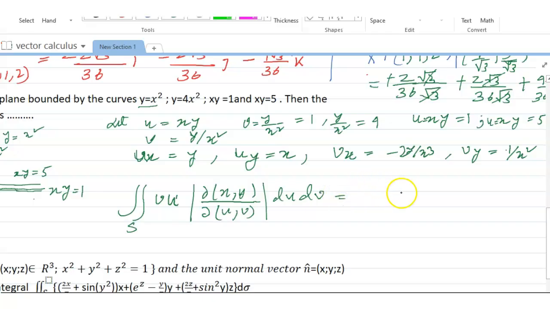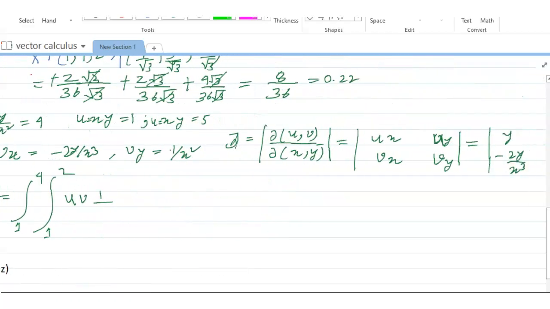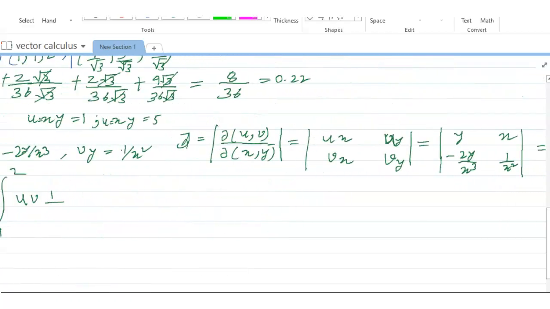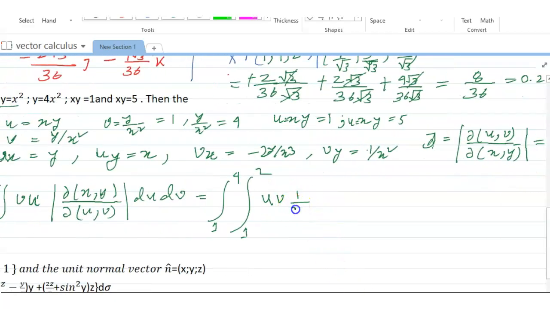So the value is integral 1 to 4 and 1 to 5 of uv into 1 by 3v into du into dv.